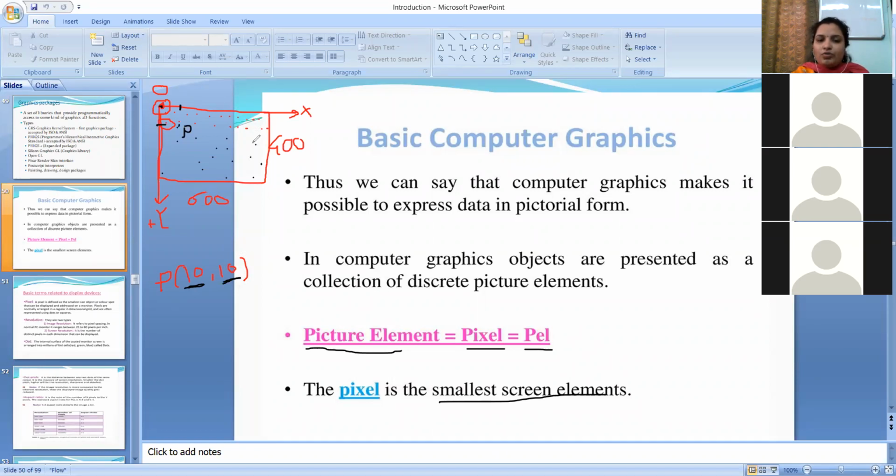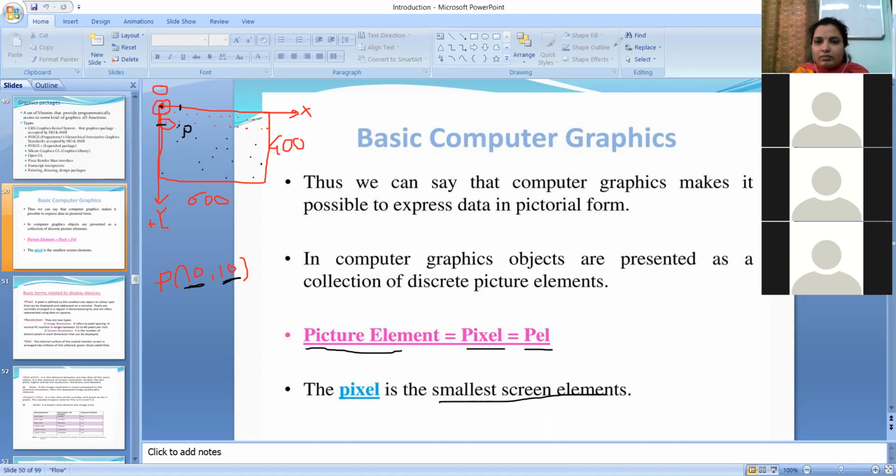That is how we represent the screen in terms of pixels, and the pixel is the smallest entity. It is the smallest screen element. So that is the definition of a pixel. It is the very basic, fundamental thing of computer graphics.